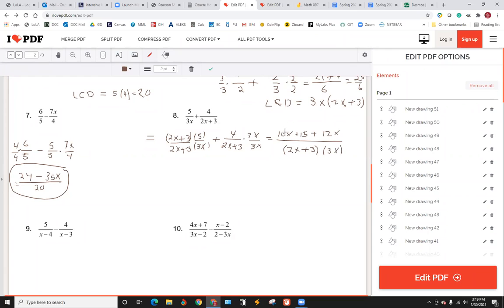All right. So we combine anything we can, which in this case is just the x's. And it doesn't look like, oh no, this is divisible by 3.